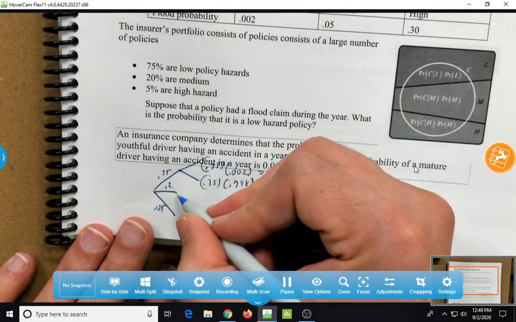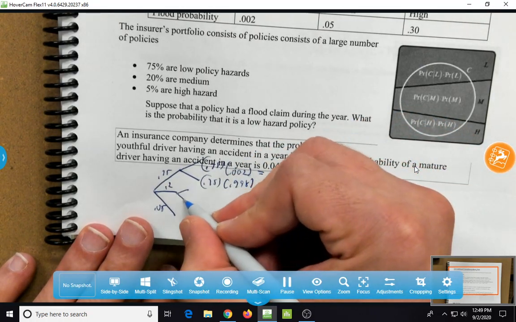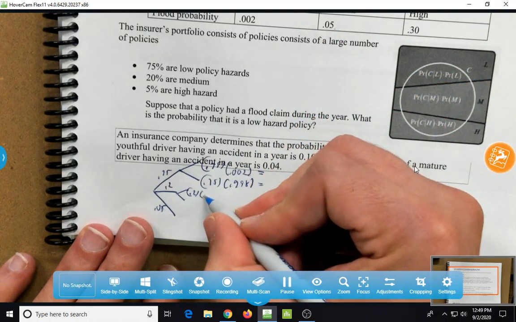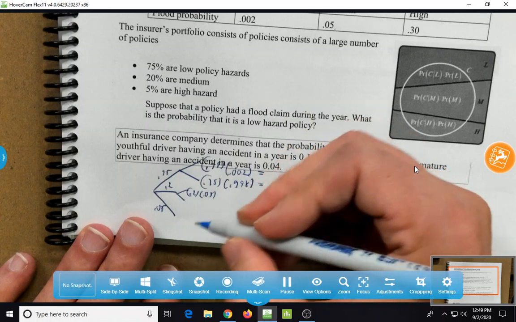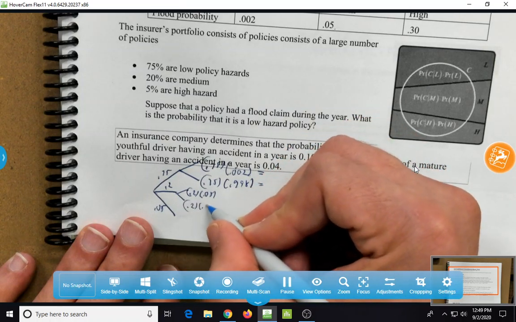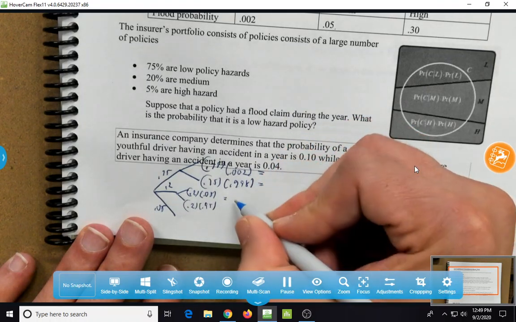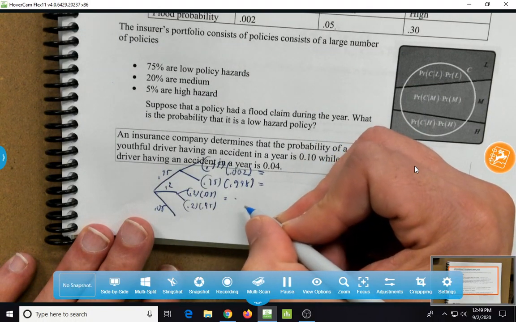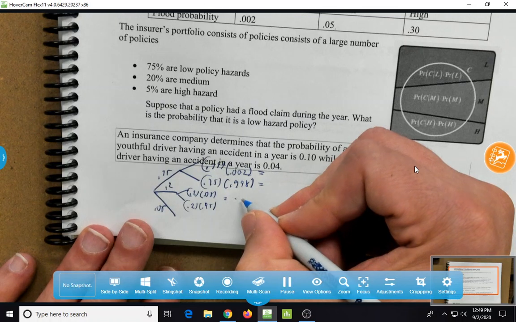In the middle, you have 20%, and given that, the chances that you have a medium one is 0.2 times 0.05. So this is 0.01, moving the decimal place over one.